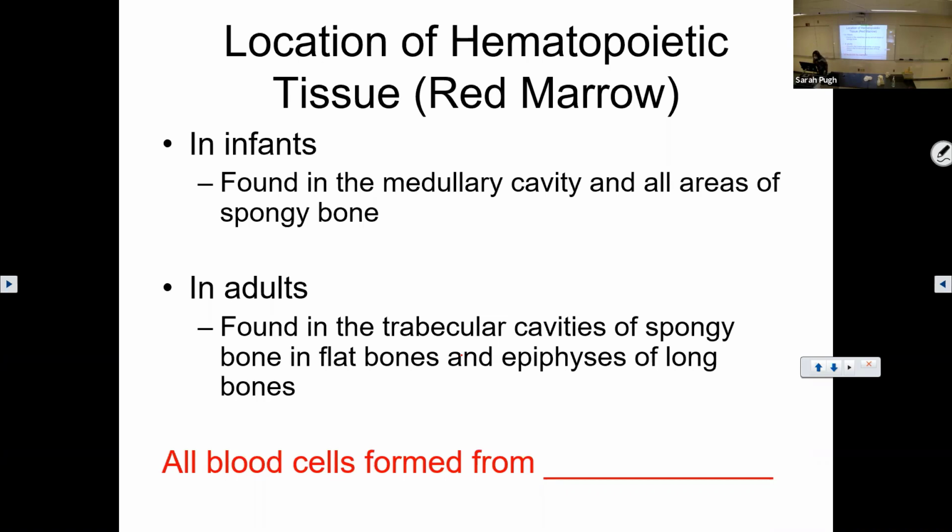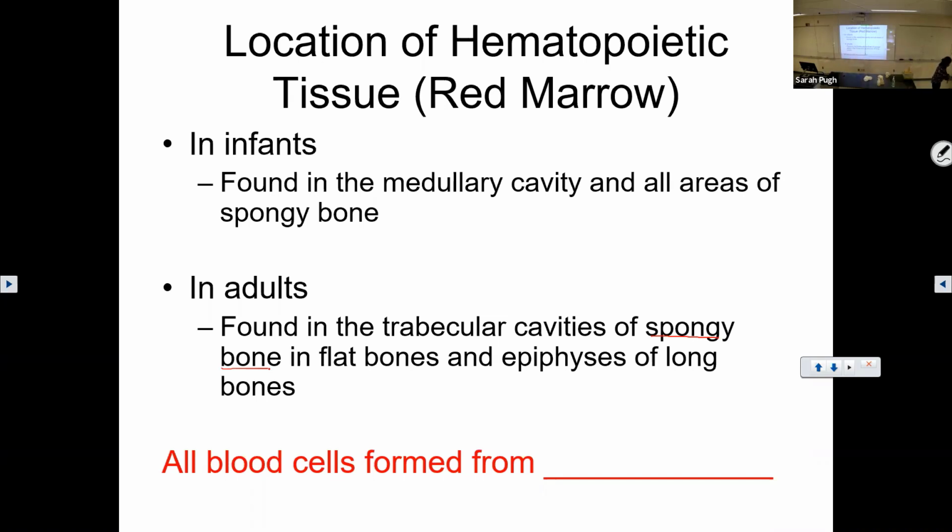We're going to find it in our spongy bone, which is pretty much the epiphyses of our long bones, and in flat bones, right? In that space of our flat bones.